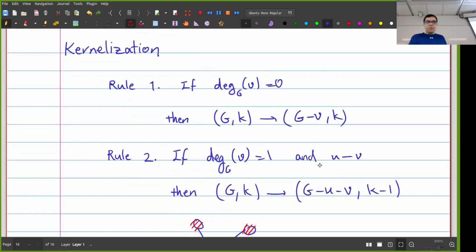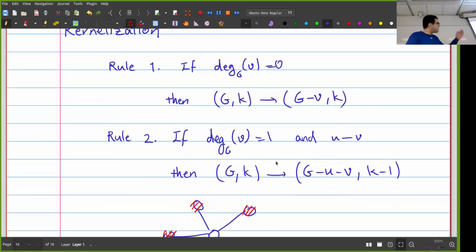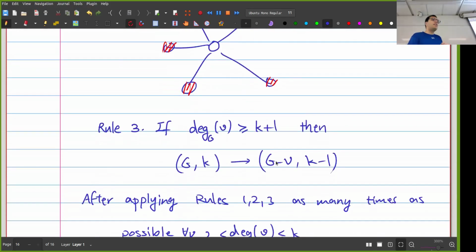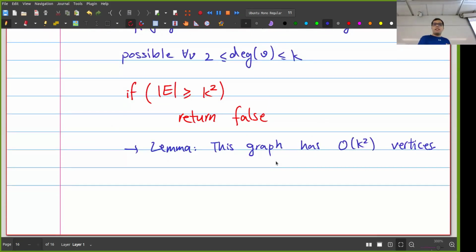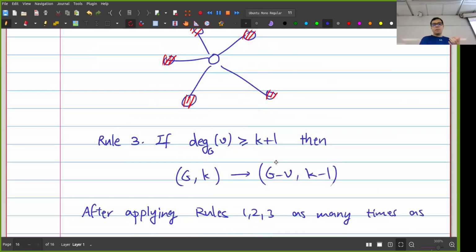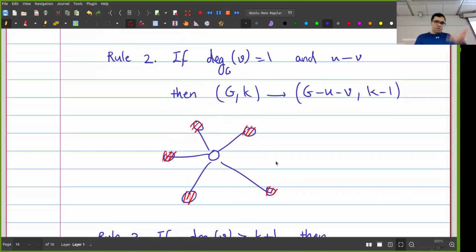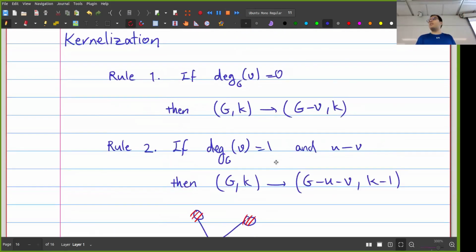What is my runtime dependence on n? Every time that I apply these rules, the size of my graph goes down. So you can easily claim that the total number of times that you apply these rules is at most n plus m. And applying each rule doesn't take more than, let's say, linear time. It's easy to figure out if you can apply these rules.